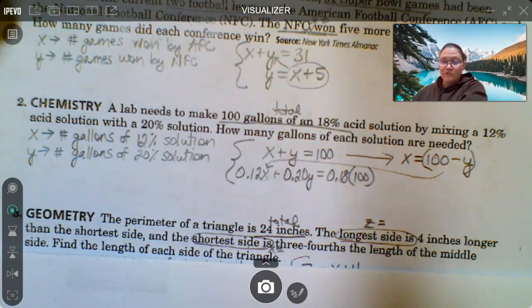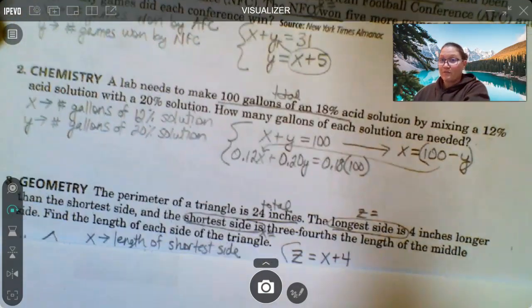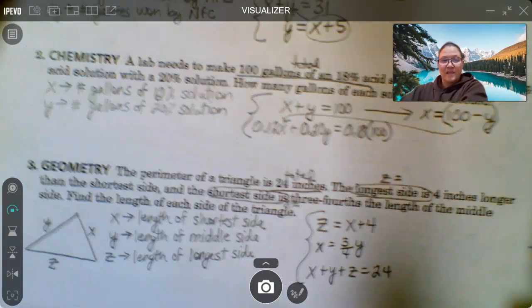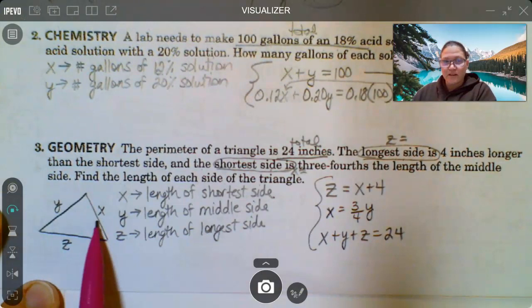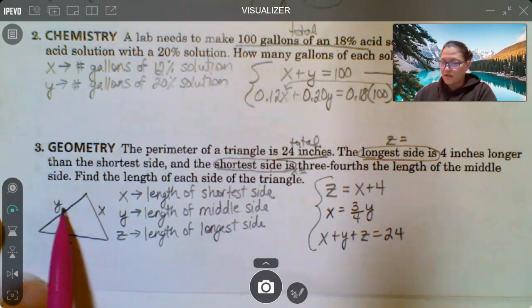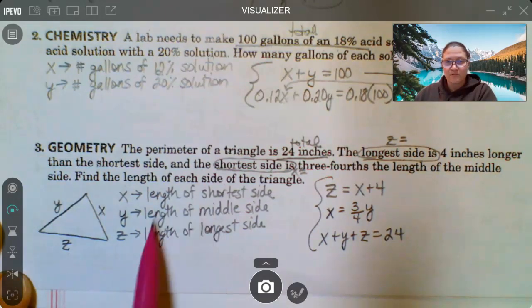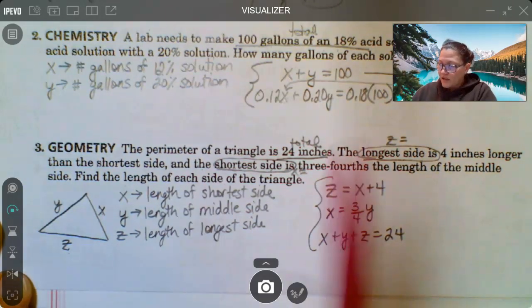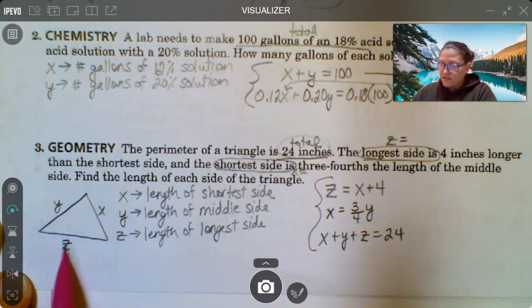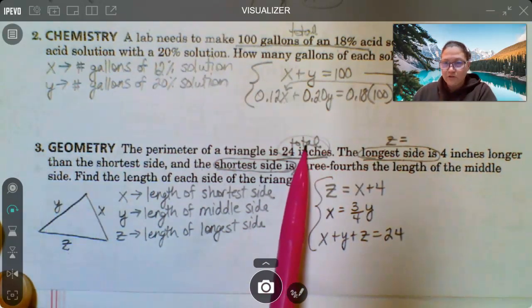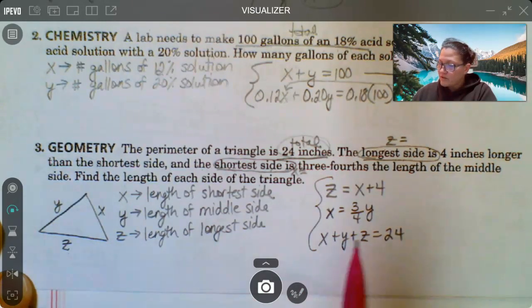Okay, but I do know I have 3 sides, so I have 3 variables in this one. And I drew myself a picture. So here's my triangle. Short side, medium side, longest side, and you can see I labeled that right here. And then my total 24 inches, that means if I take all three sides and add them together, I will get 24 total. That is my bottom equation right here.